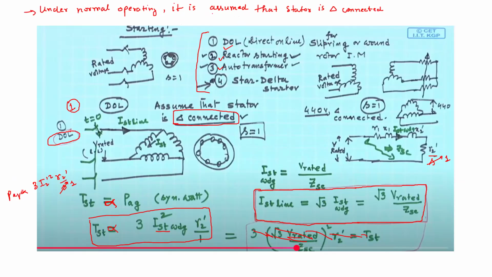It is not used with large machines, because they will draw very large current, and it will affect the voltage of nearby equipment. It will cause a voltage dip for the other equipment. We have just derived it for comparison's sake. So this is the equation.